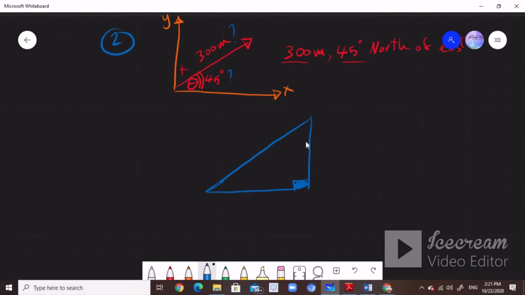Suppose that is the direction, or theta, the angle, and that is the perpendicular angle here. That is the triangle we will deal with, and that is the x and y, as you know.